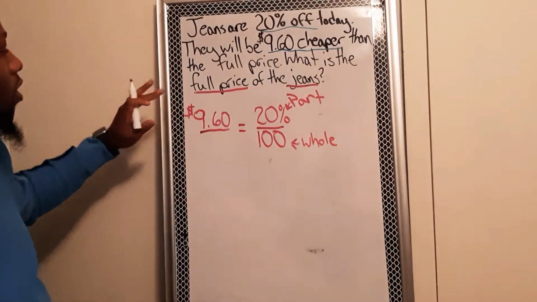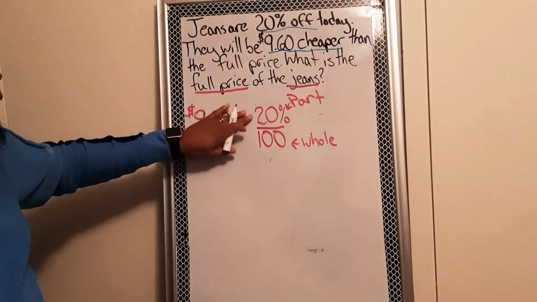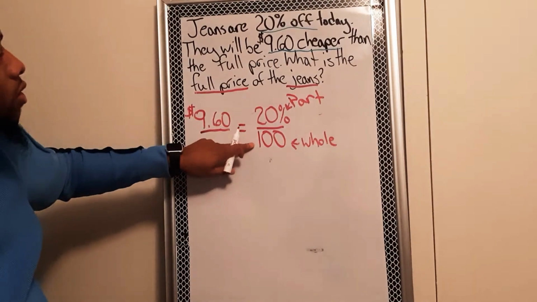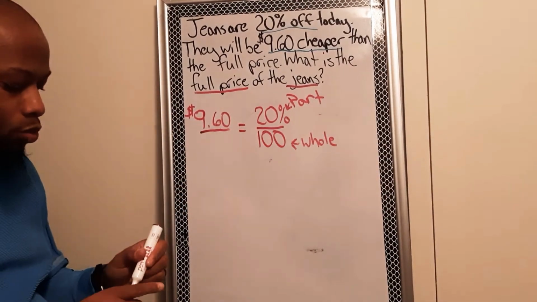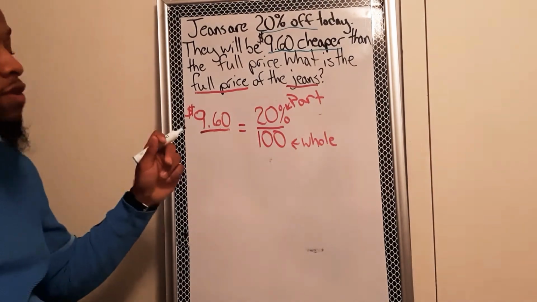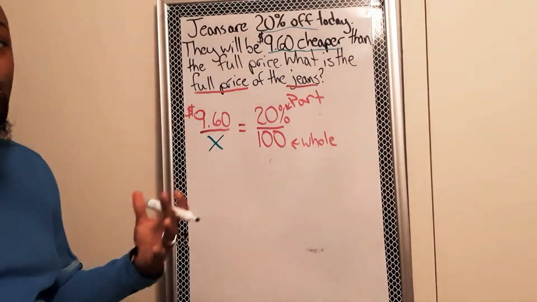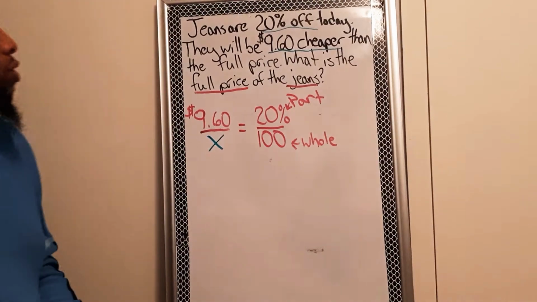So now I have $9.60, something I know, and I have 20%, something else I know, out of 100%, all in my proportion. What I don't know is the full price of the jeans. So in its place, I'm going to use the variable x to represent it until we solve for that total price.